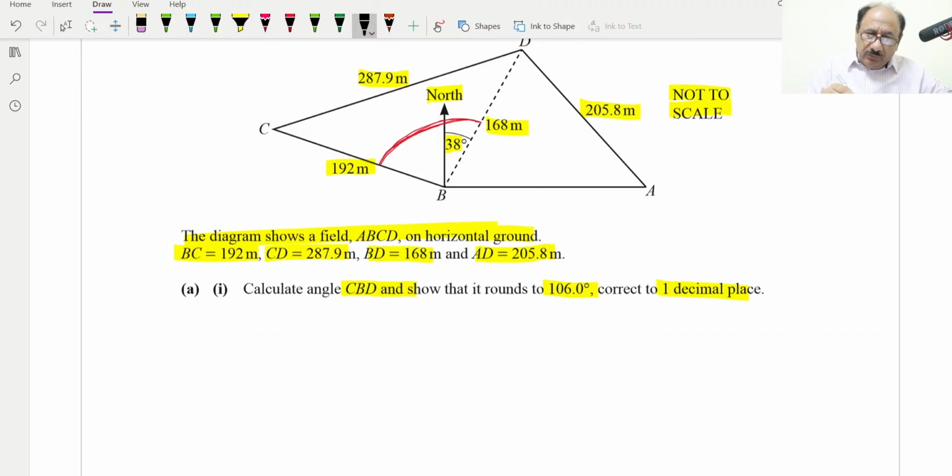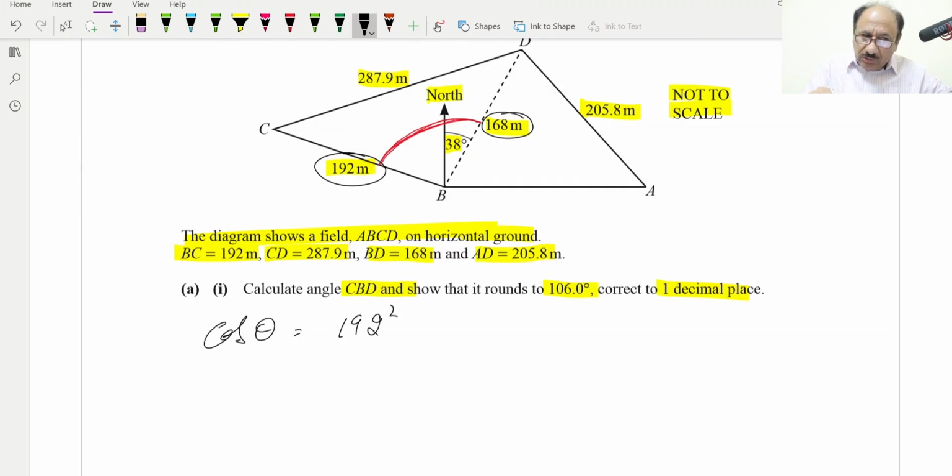So what we will be doing, we'll be using the cosine rule because we have all three sides. So we know cos theta is equal to 192, one side, and this side, which are the sides including the angle.